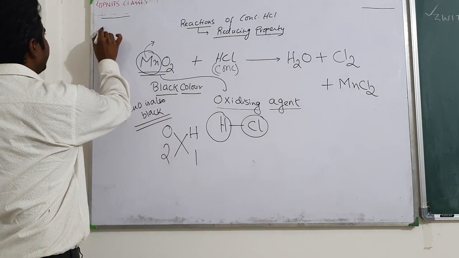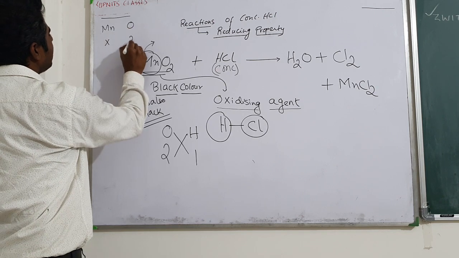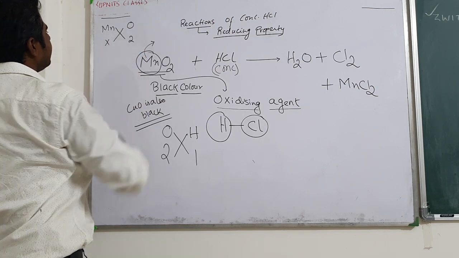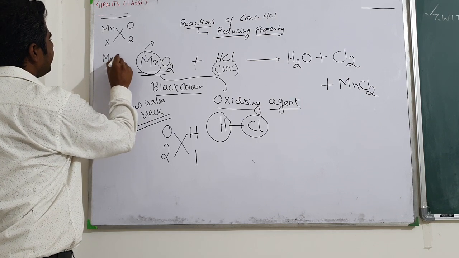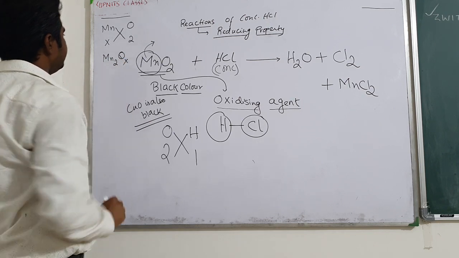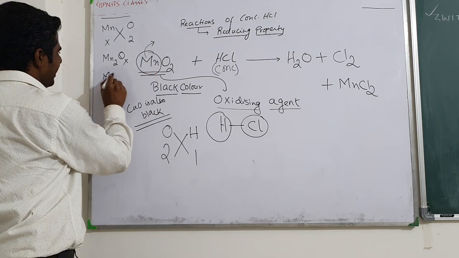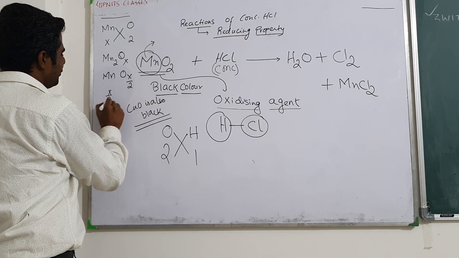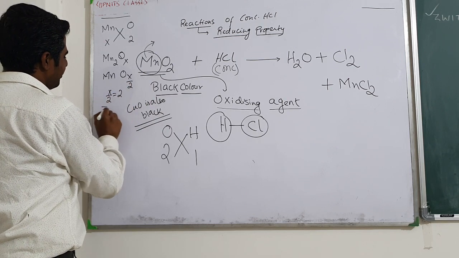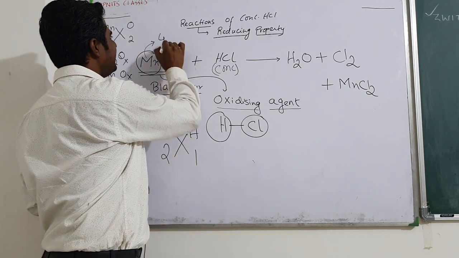If you write Mn X O2, with oxygen always 2, it becomes MnO x by 2, so here x by 2 is equal to 2, so x will be equal to 4. So here the valency of manganese is 4.